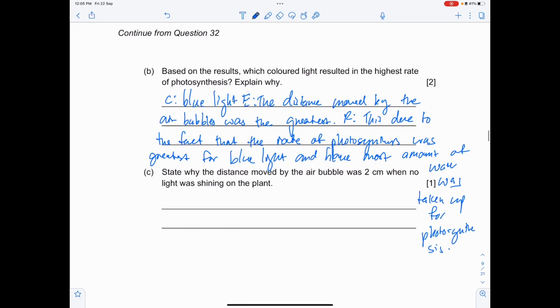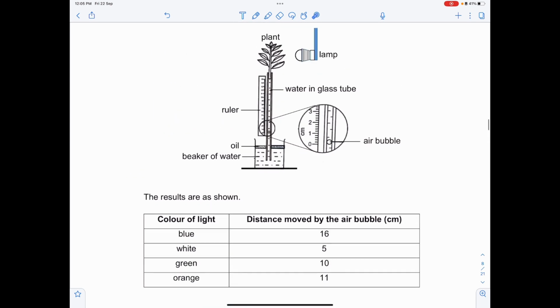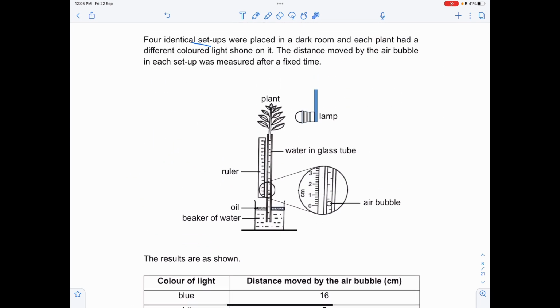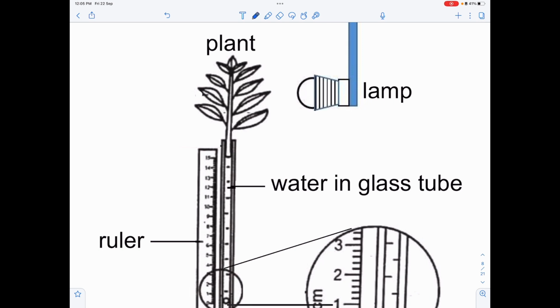Okay. Next, state why the distance traveled by the air bubble was 2 cm when no light was shining on the plant. Okay. So basically, even when no light is shining, water vapor will still be lost, because the tiny openings will still be there. They don't disappear. It's just whether they are open bigger or open smaller.